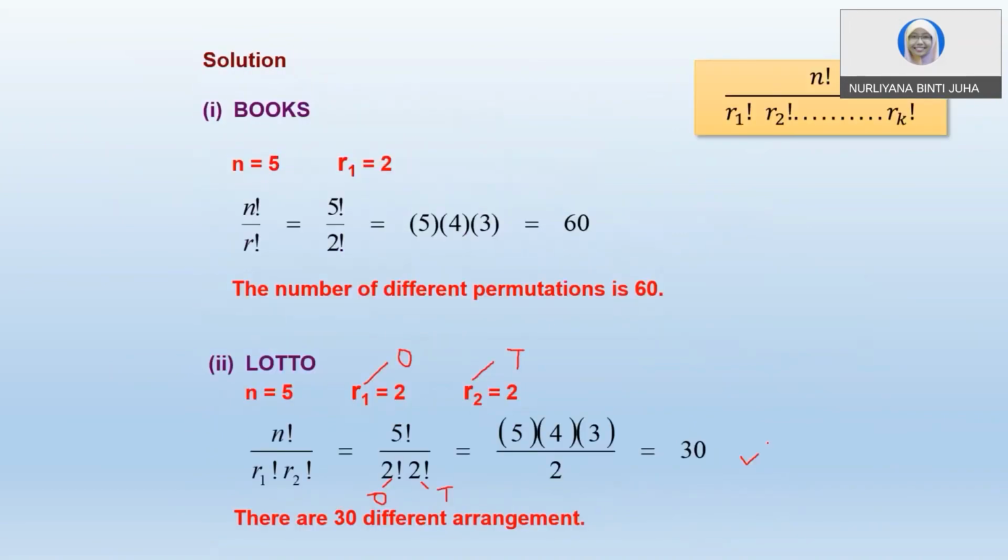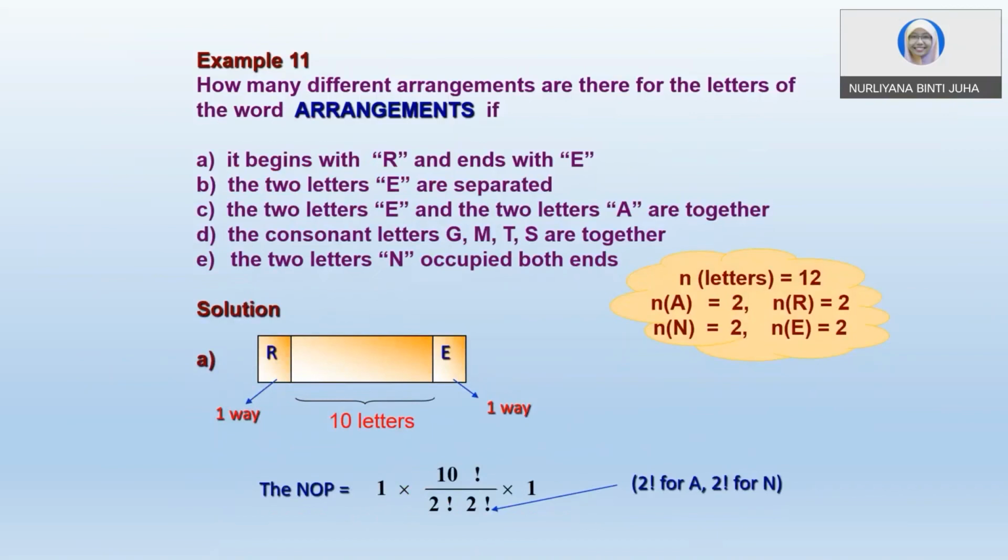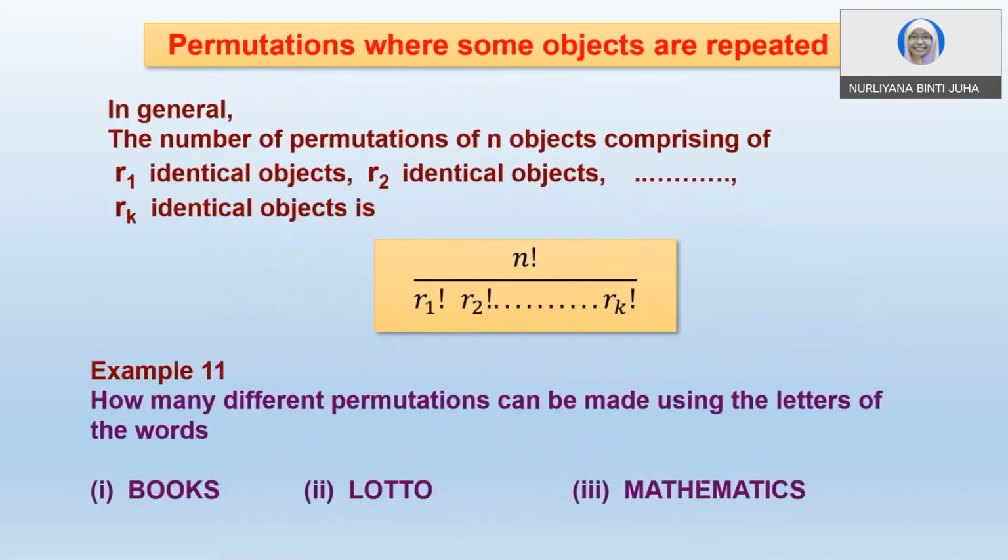Next. Oh, I missed the mathematics punya slides kan. So sama jugalah untuk mathematics. So you have your n 1, 2, 3, 4, 5, 6, 7, 8, 9, 10, 11. So you have your n equal to 11 for mathematics.